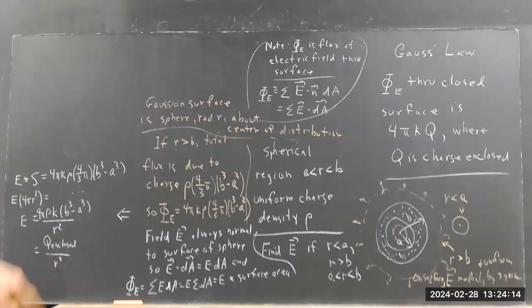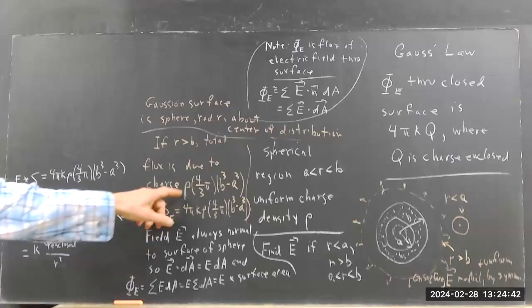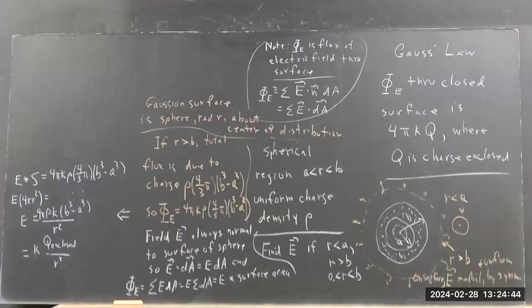And this is just the charge enclosed. Everything here except the k is the charge enclosed, which we figured out here.